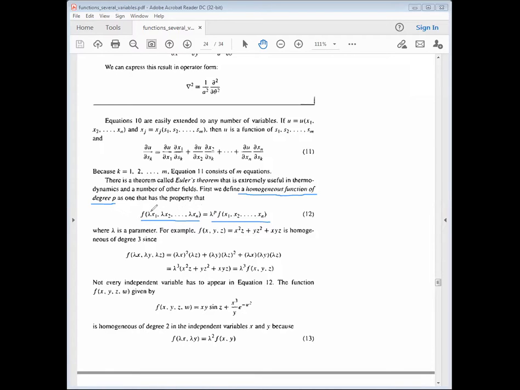So f of lambda x1, lambda x2, till lambda xn is equal to lambda to the power p times the function of x1, x2, till xn. For example, let us consider this example where f of xyz is equal to x squared z plus y z square plus xyz. Okay, let us consider this example. Let me stop the screen sharing.